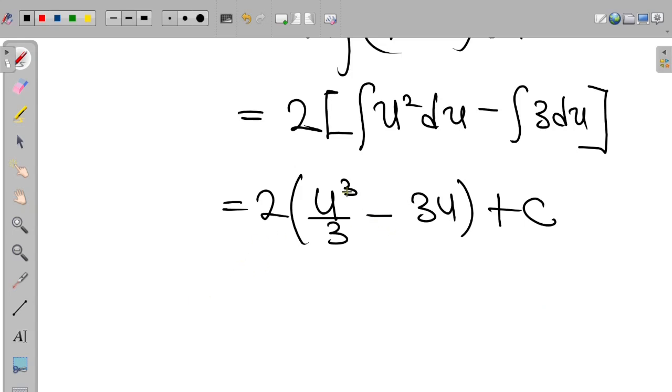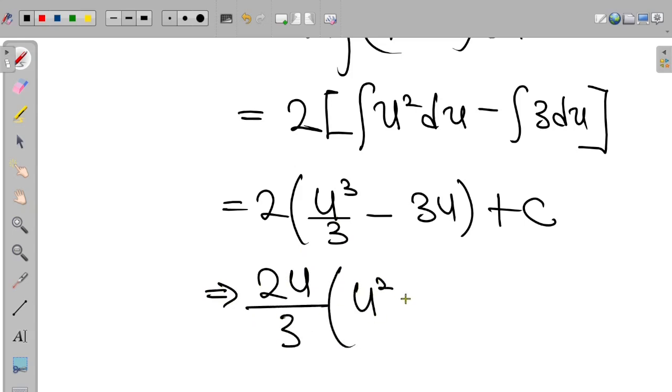So if we factor out u divided by 3, this becomes 2 multiplied by u divided by 3, open a bracket, u squared minus 9, plus c.